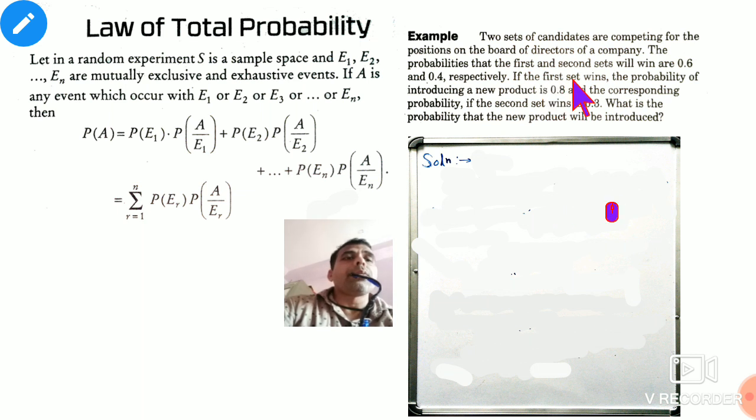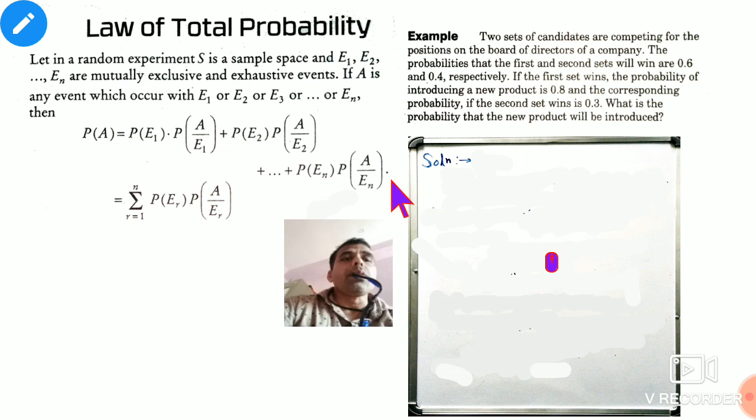If the first set wins, the probability of introducing a new product is 0.8, and the corresponding probability if the second set wins is 0.3. So what is the probability that the new product will be introduced?